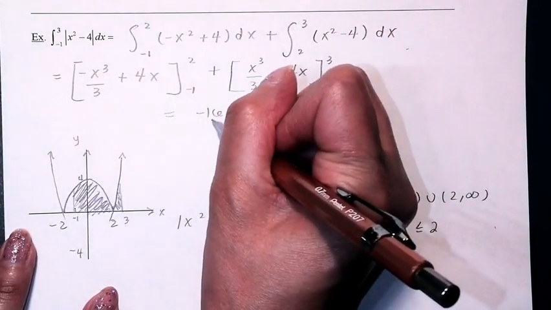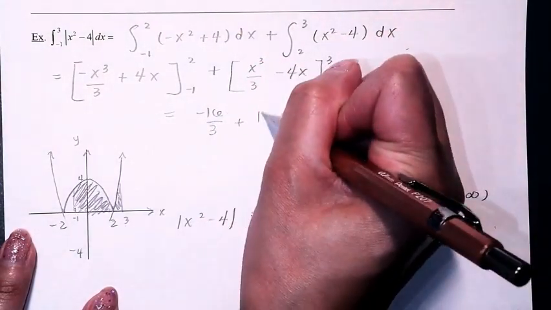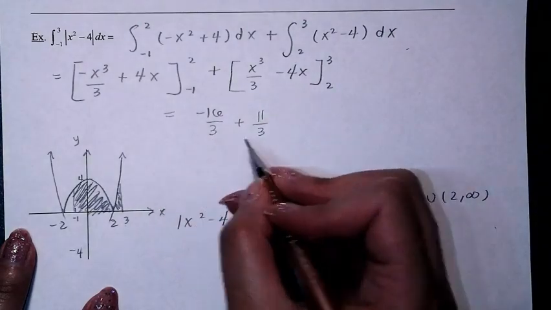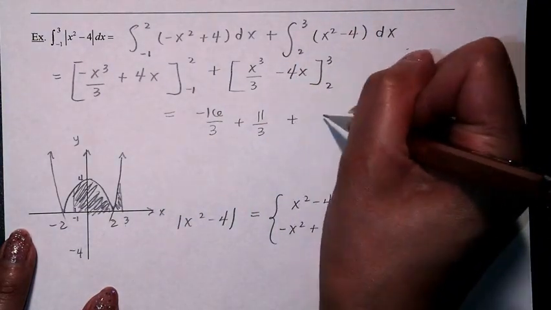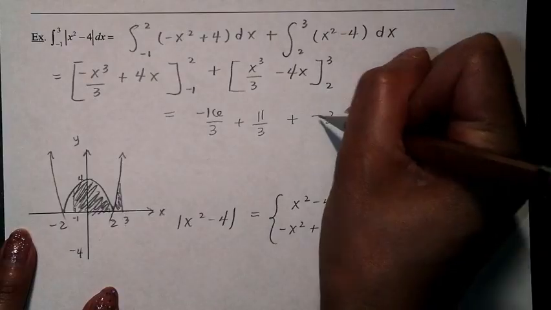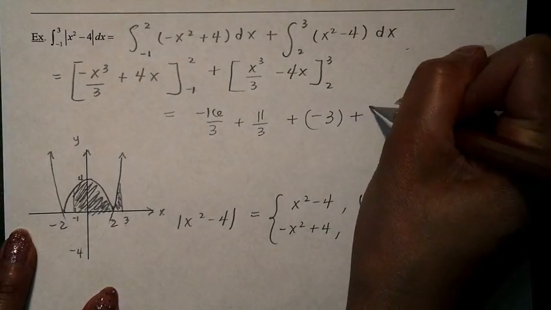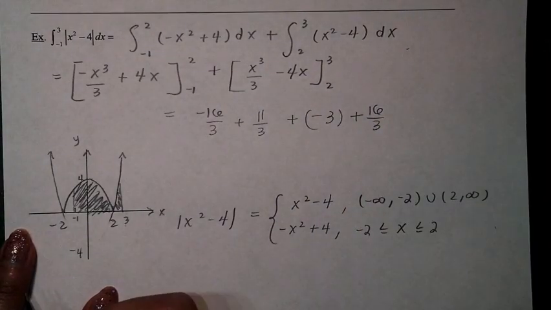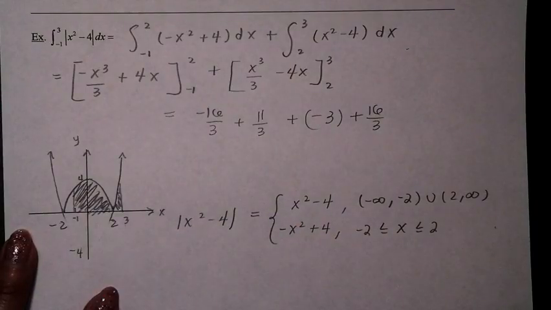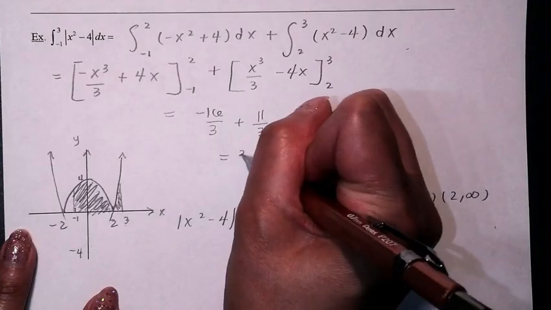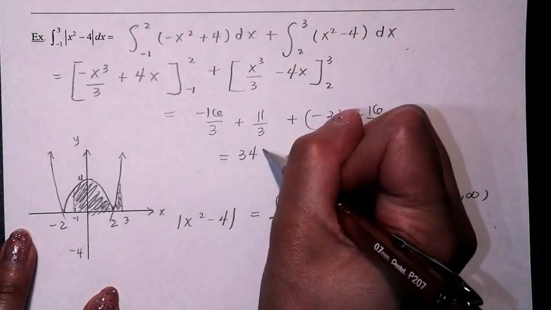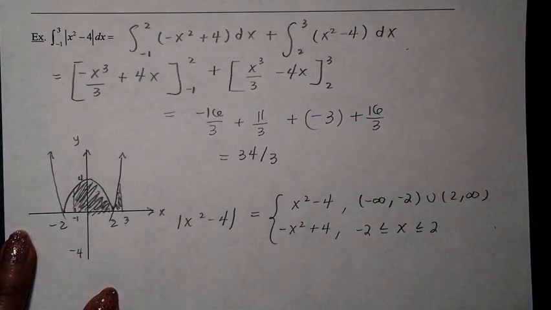Over 3, plus 11 over 3, plus, and then you have negative 3, plus 16 over 3. Do you see it? I kind of did it disorganized, but sort of. So then we have that this is going to be 34 over 3 units squared, and that's pretty much it.